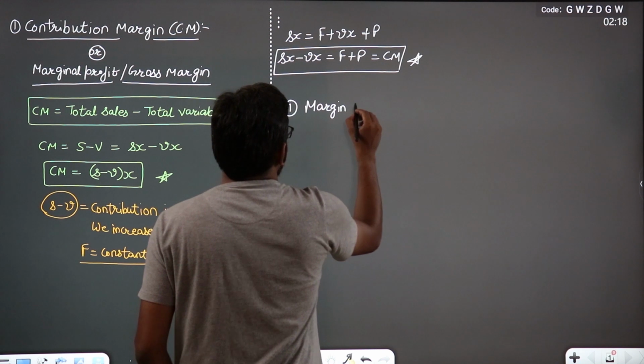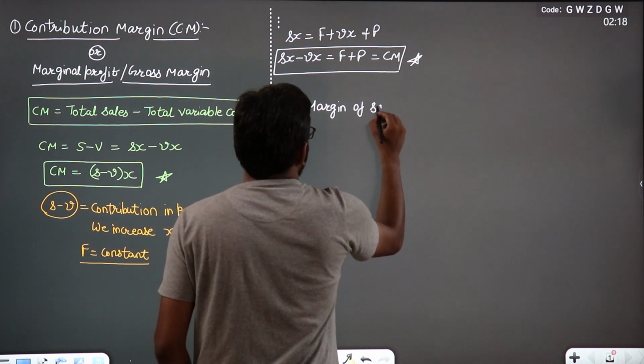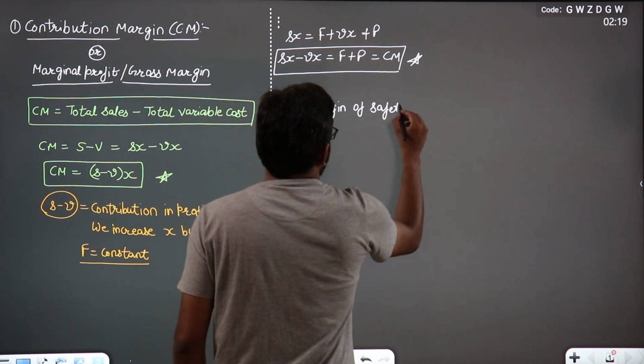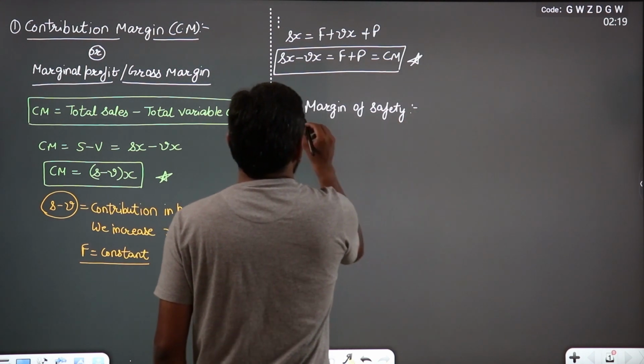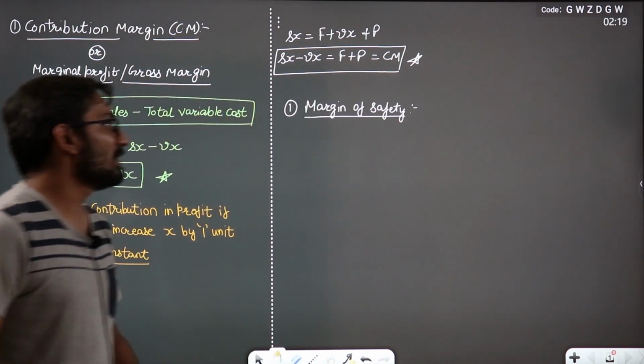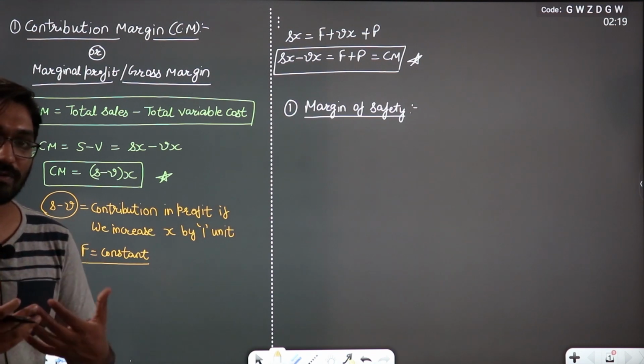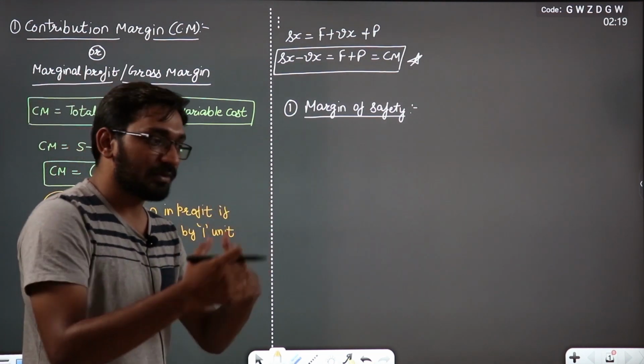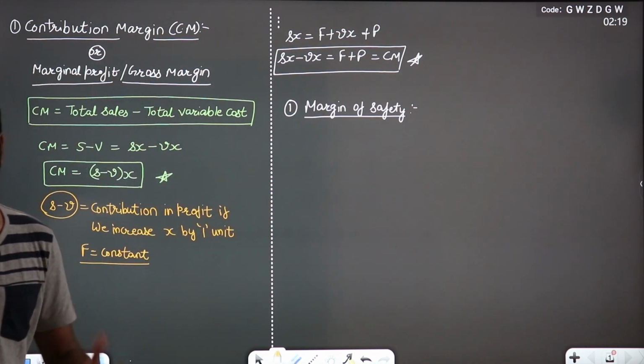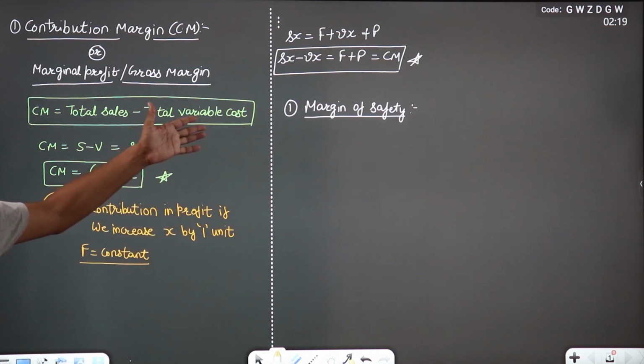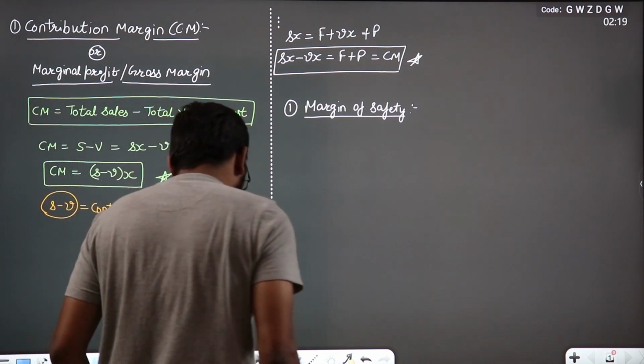What is the meaning of margin of safety? Margin of safety means how far you are from the danger point. It represents how far you are from the break-even point, right?